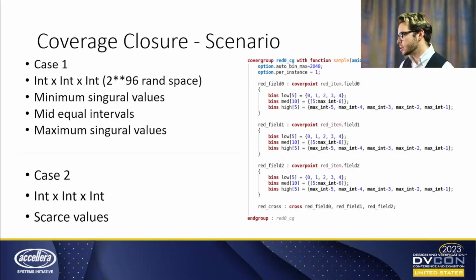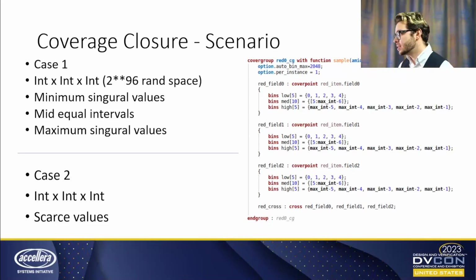I think in this example there are about 8,000 bins in a cross. As you can see, we have coverage on 3 different fields. They have the minimum, maximum, and the mid intervals, and all of them are crossed. And this is red. If you remember from previous slides, we also have blue and purple. So we have 3 times 8,000 intervals in a cross. This is something completely insane. It's way above anything anybody would ever face in a real project.